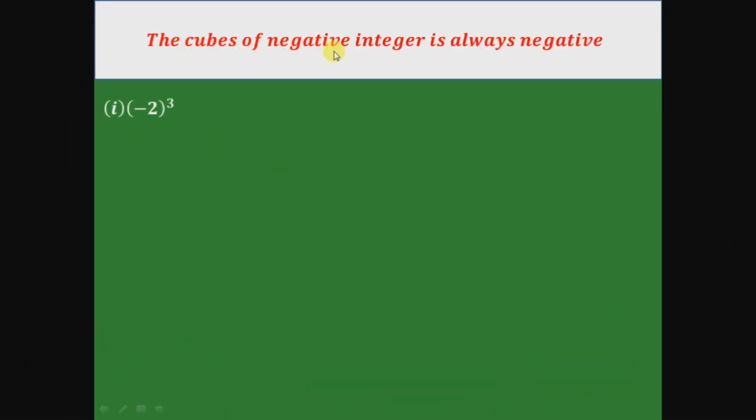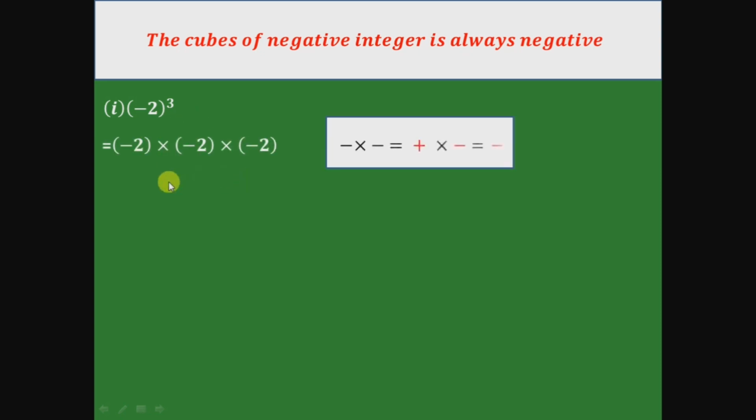The cube of a negative integer is always negative. So keep this in your mind. If you need to find the cube of a negative number, then its answer is negative.